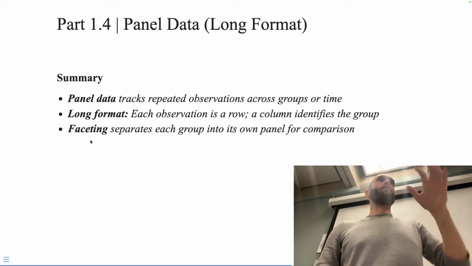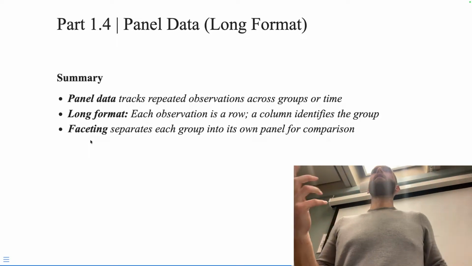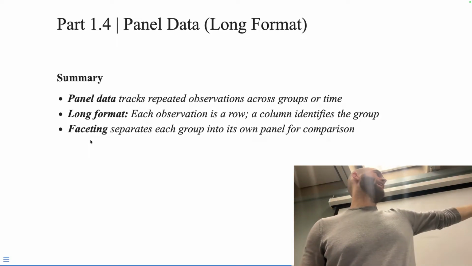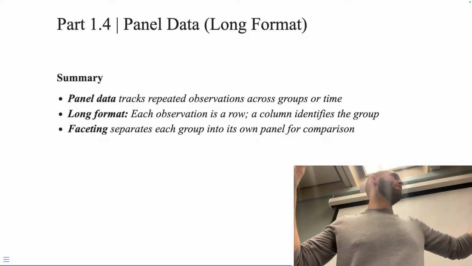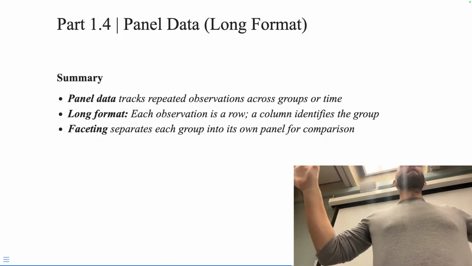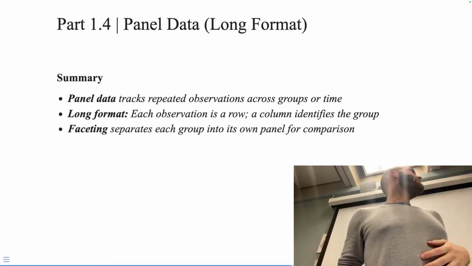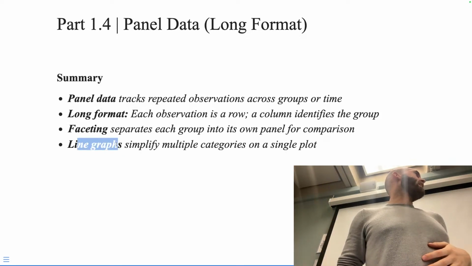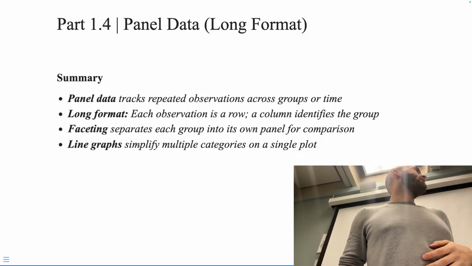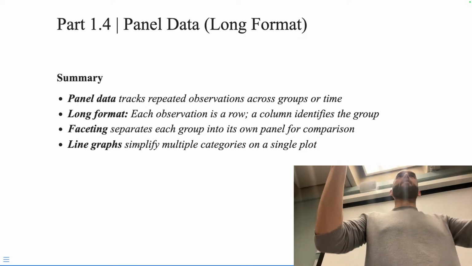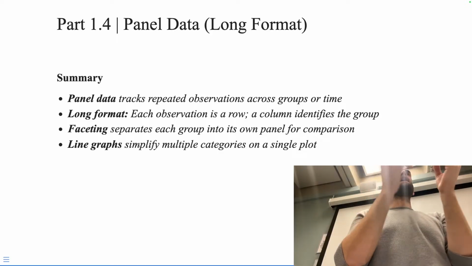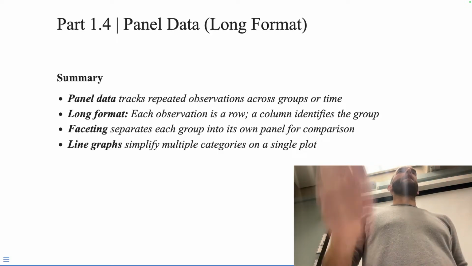And then we've talked about different ways of visualizing panel data. One of them is faceting, so we just break up the panel into separate figures by component. And then the one I prefer for most things is something that looks like a line graph. So we just pull it all together on a single figure, but then separate by category.